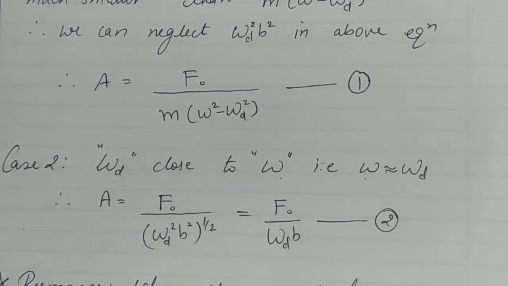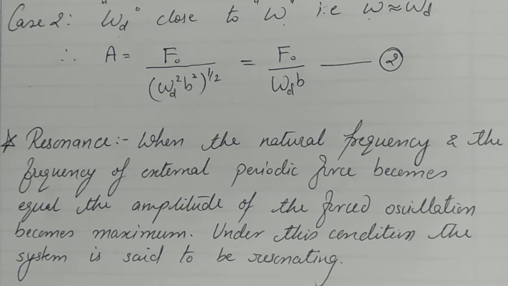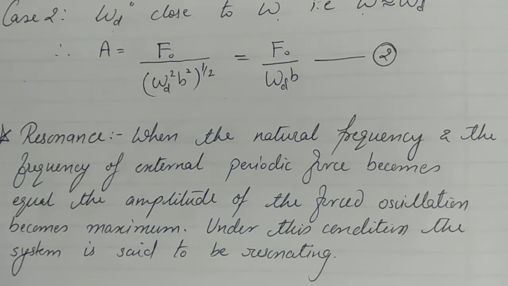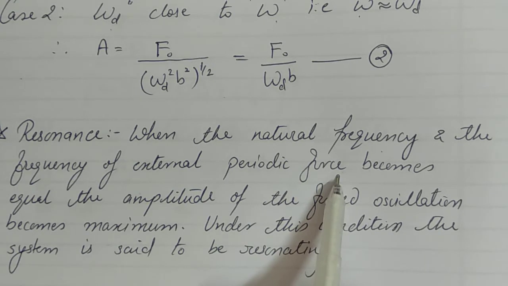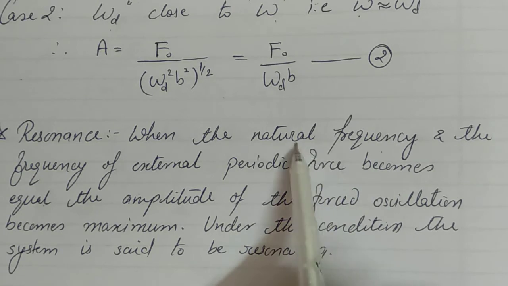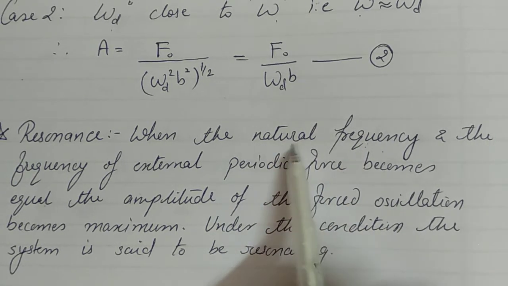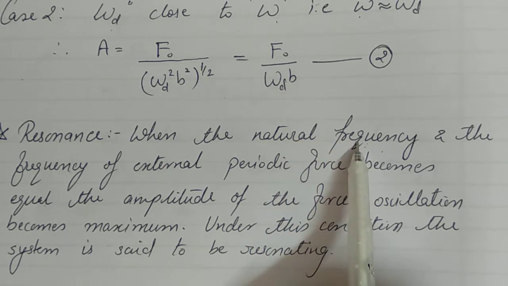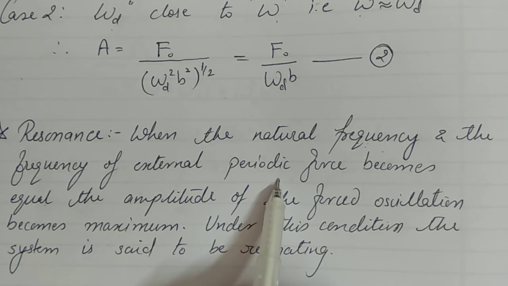Now we'll understand one more concept, that is resonance. So see, resonance is a condition that takes place when the natural frequency and the frequency of the external periodic force become equal. This is the natural frequency of the oscillating system. So when the natural frequency, omega, of the oscillating system becomes equal to the frequency of the external periodic force, that is omega d, then what happens?